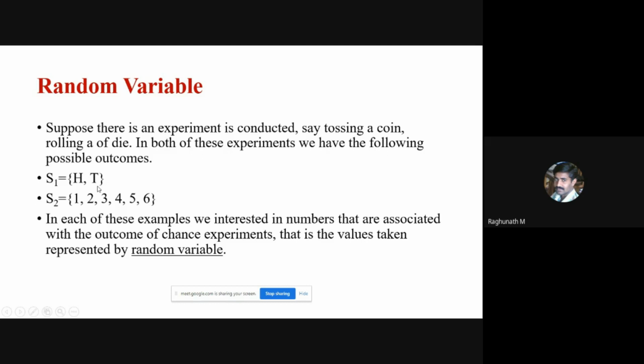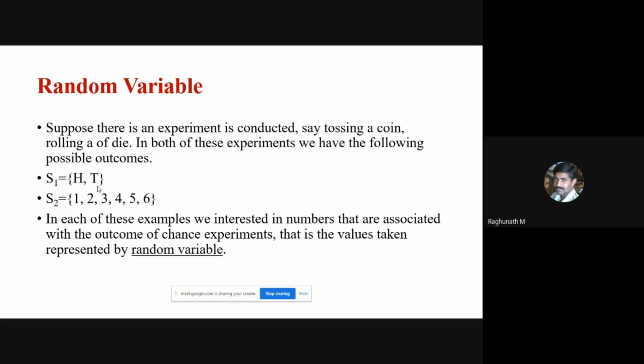That means my random variable will take either 0 or 1. That is the number of heads. In any discrete distribution, if it takes 0 or 1, where 1 is a success and 0 is a failure, then that constitutes the Bernoulli random variable or Bernoulli distribution.